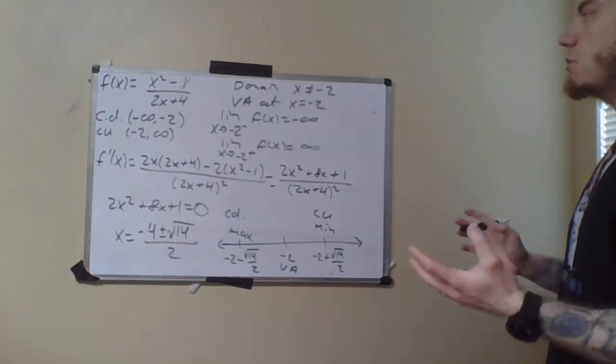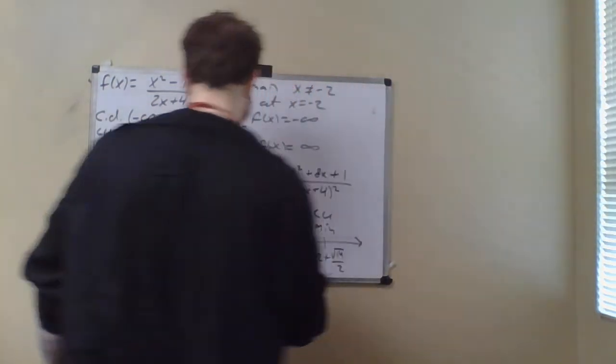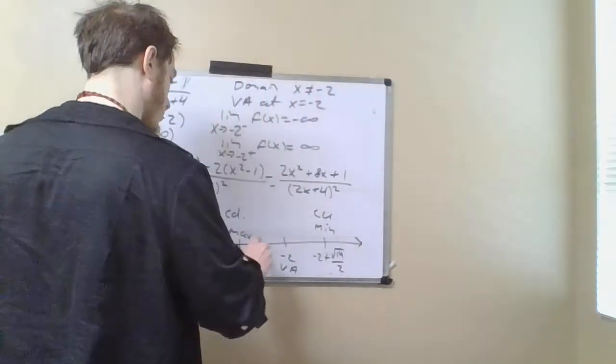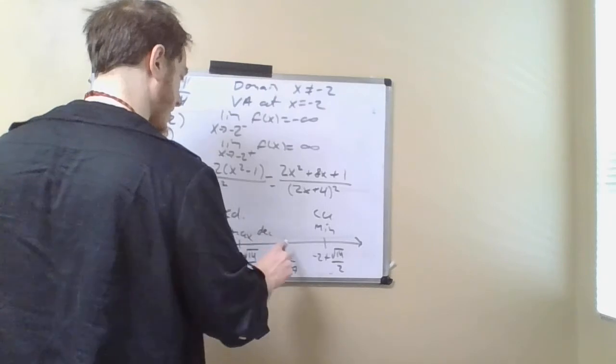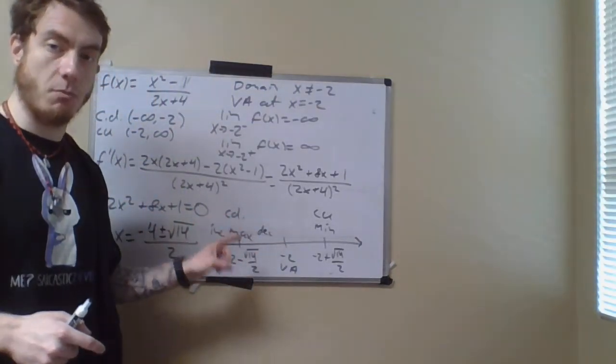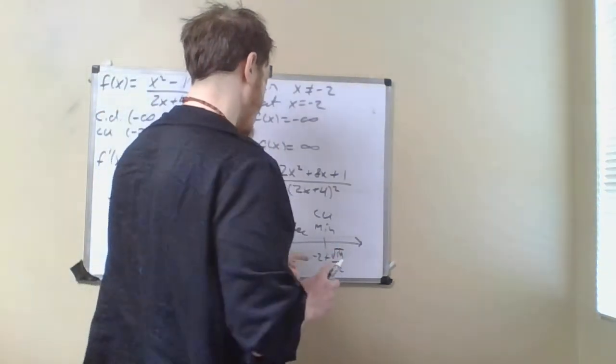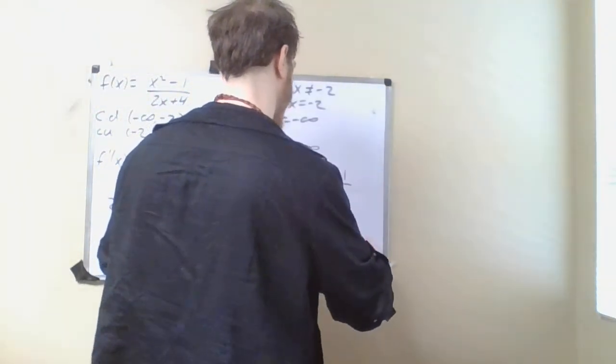And we can now do our intervals of increase and decrease as well, because we know that we are going to be increasing up to our maximum, then we're going to be decreasing. Now, you can change increasing to decreasing at a vertical asymptote, but in this case, it happens to be decreasing on both sides. And then we start increasing again.